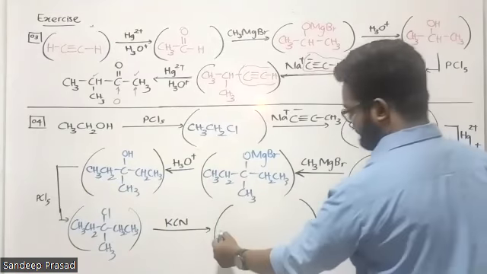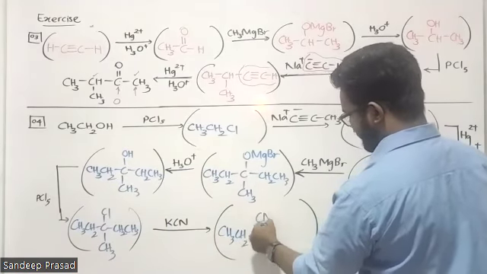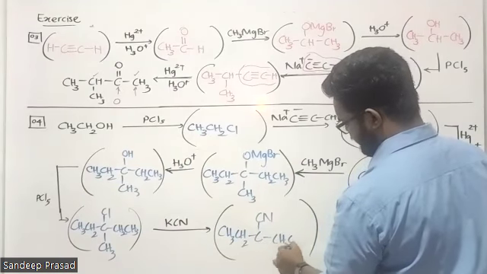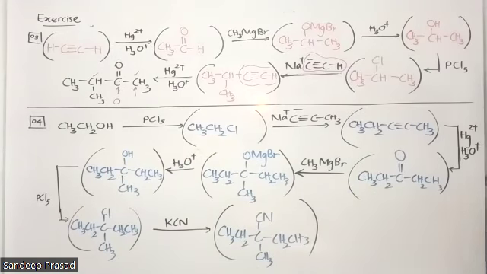And KCN is added. When KCN is added, what will happen? The chlorine will be replaced with cyanide, CN. So this is the fourth one that we have to discuss. Number 4.